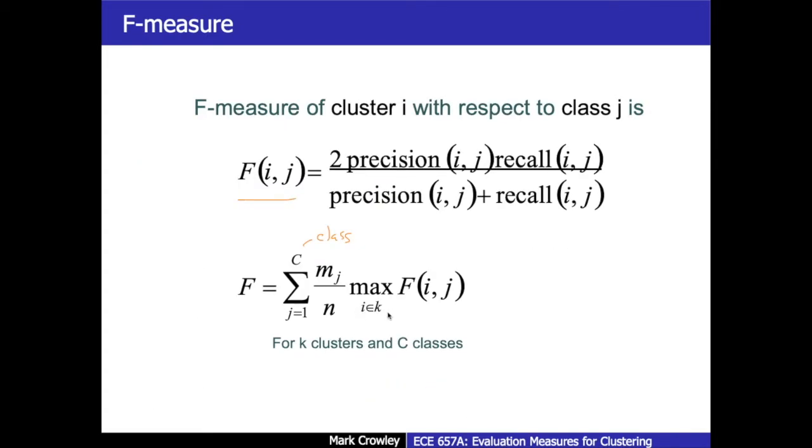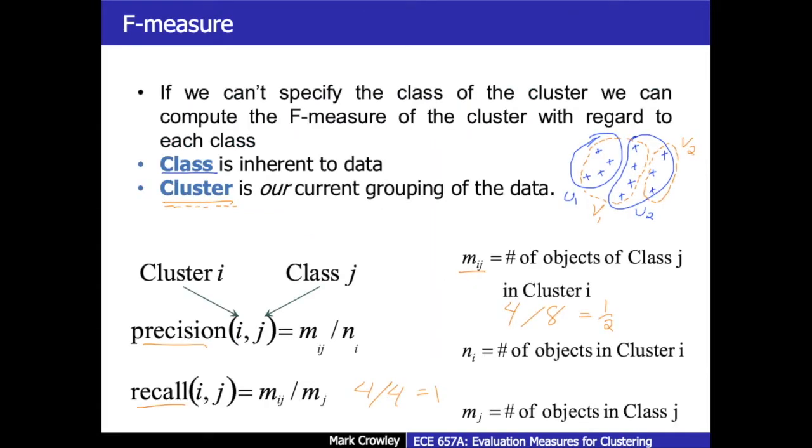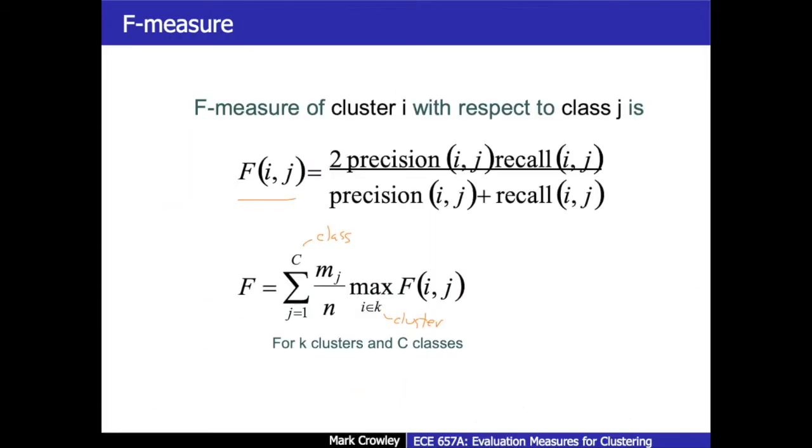So for every class, we pick the highest cluster so that we get the highest F measure, and use that one, and then we normalize it by MJ, the number of objects in that class, normalized by the total number of data points, right?